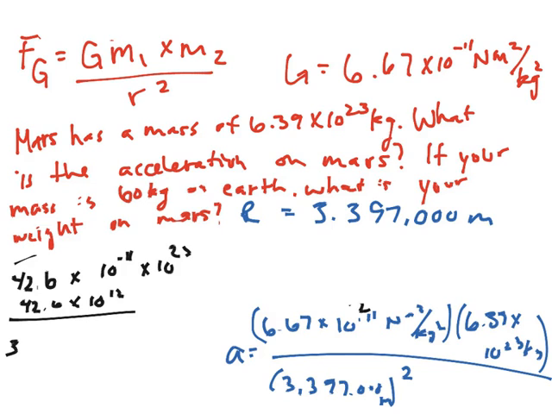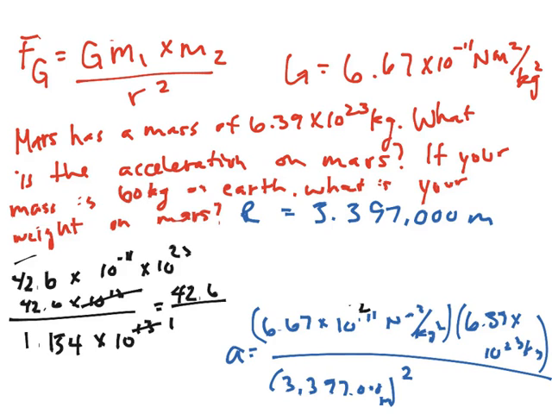1.154 times 10 to the 13th. So these don't quite cancel, but they mostly do. So we just have a times 10 on the bottom. So we essentially have 42.6 divided by 11.